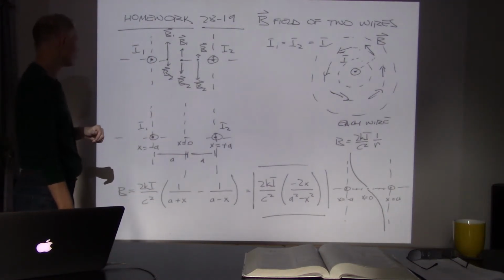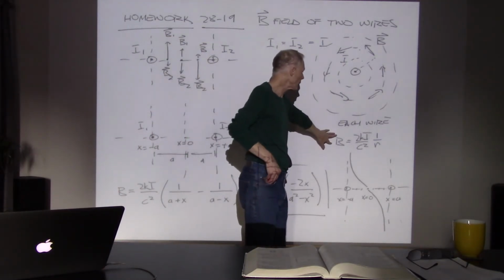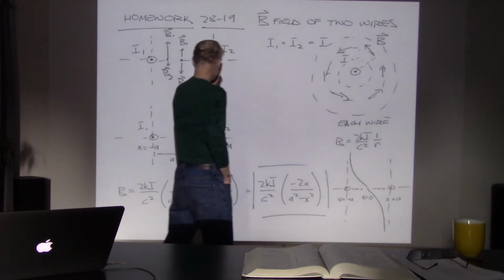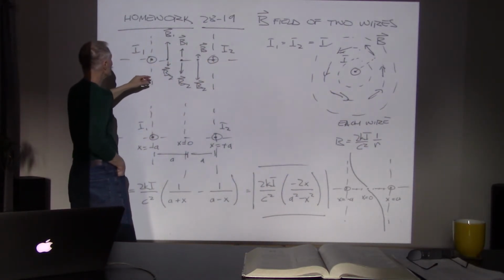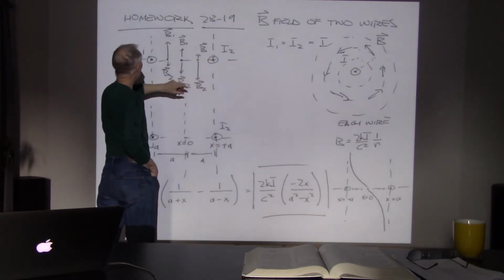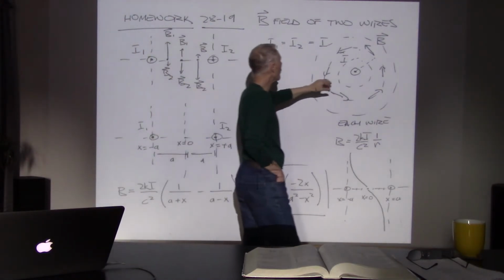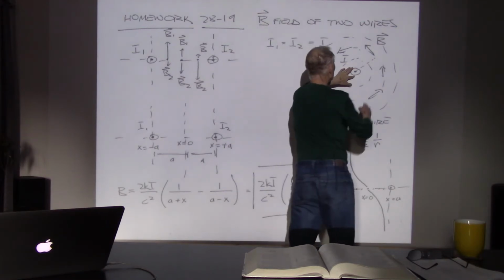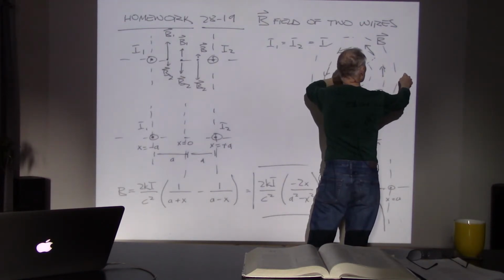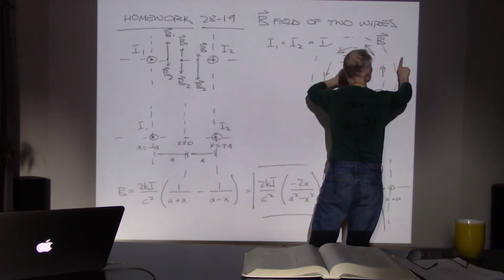So once again, for these wires, we can use the formula we've derived from Ampere's law, 2K over C squared I times 1 over R. Now what they want us to do here is actually look at different points between these two wires and calculate the magnetic field. Now for any individual wire, let's say here's one individual wire right here, if I'm looking at points moving away from the wire, I'm going to get magnetic fields that are perpendicular to that path.